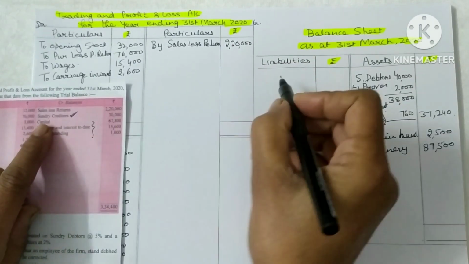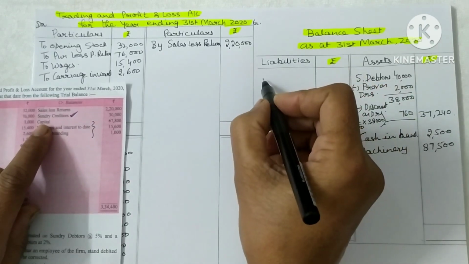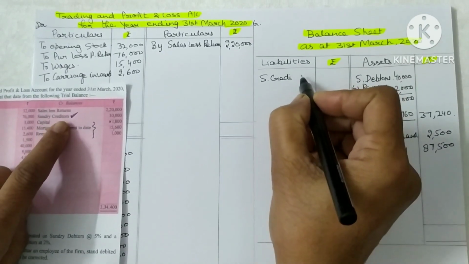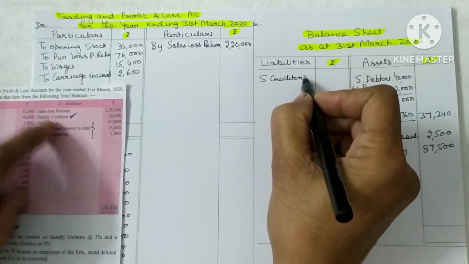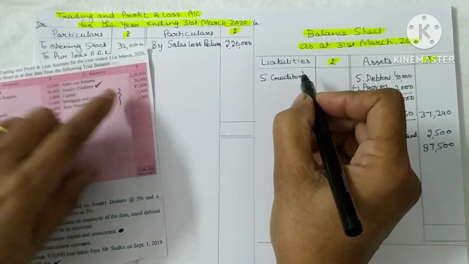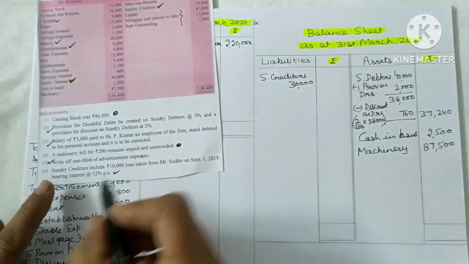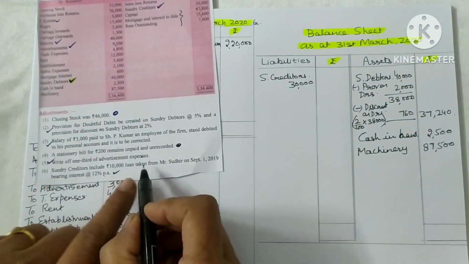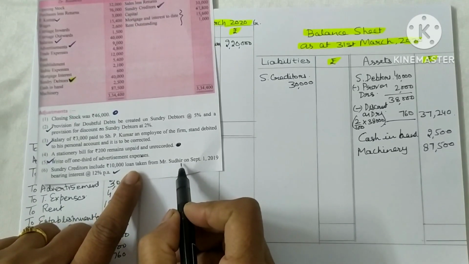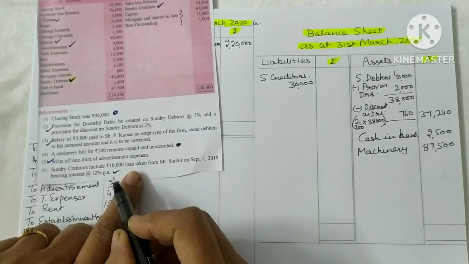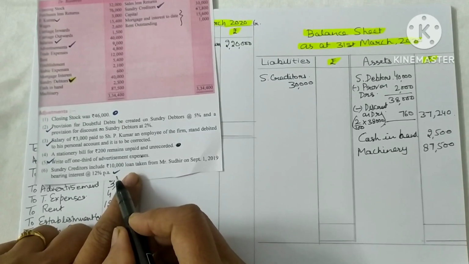Next is sundry creditors, to be shown on the liability side of the balance sheet. There is an adjustment in creditors. Creditors are 30,000. Okay. Adjustment: sundry creditors include 10,000 loan taken from Mr. Sudhir on September 1, 2019 bearing interest at the rate of 12% per annum.